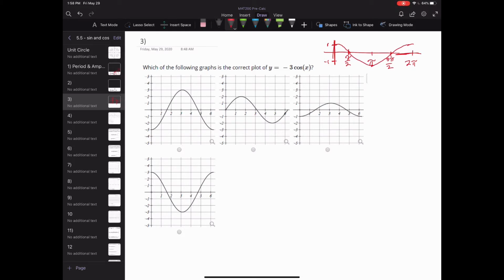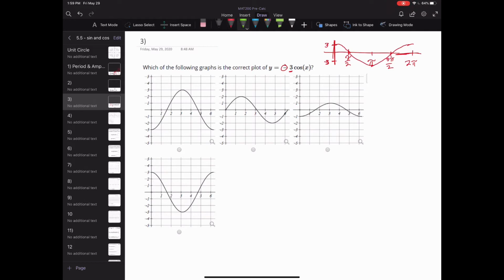Now, since the amplitude is 3, what that means is, well, I'm just going to call that 3 and negative 3, right? If I was using some type of other technology, I would have taken this curve and stretched it a little bit, but you could just think of that as 3 and this is negative 3. But now this negative sign flips it around.